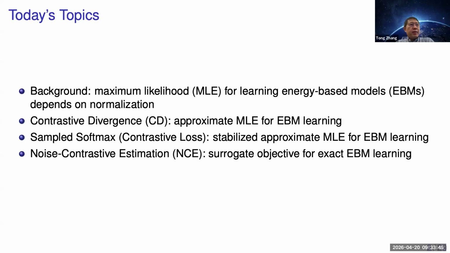Related to sampled softmax is noise contrastive estimation, NCE. Sampled softmax treats this as a multi-class classification problem, like the contrastive loss we talked about earlier, while NCE treats it as a binary classification. So these are related. They are a few representative methods, and again, none of them is perfect.